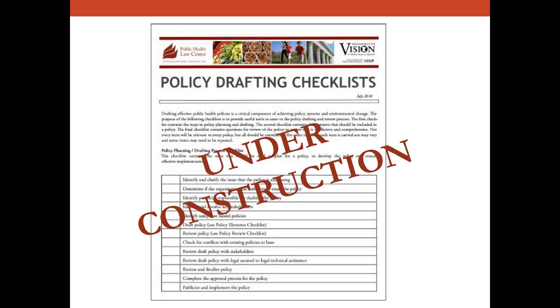All right, so that covers a lot of information. I just wanted to share, we had this policy drafting checklist that we created 4 years ago. Wow, 4 years ago. We're revamping it. We're figuring out how to make it Kansas specific, and it is in the pipeline and should be on our website in the next 3 to 4 weeks.